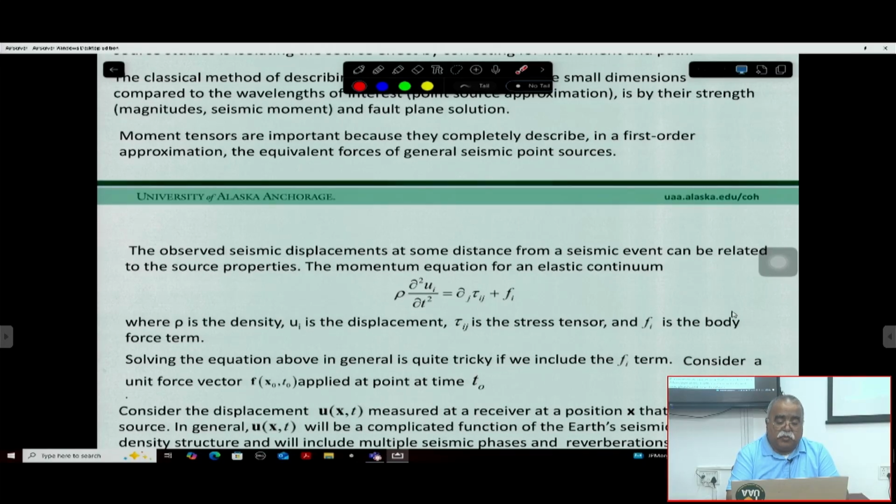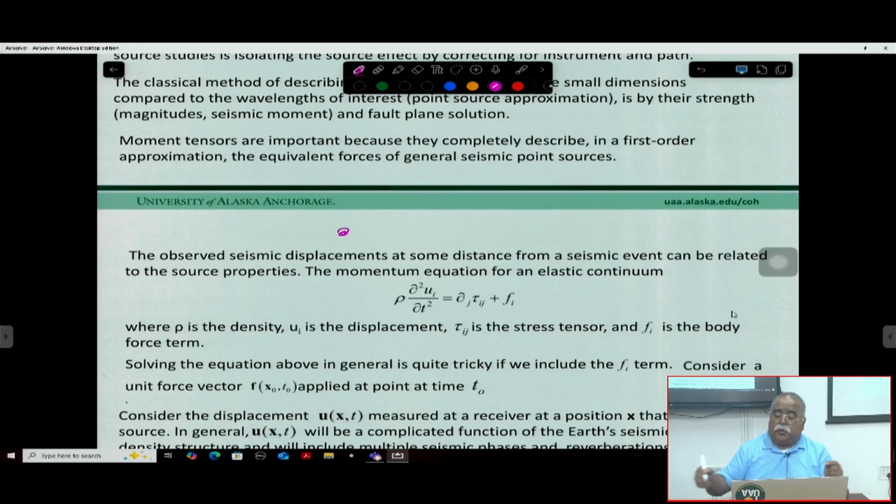If we assume that Ui is the displacement, and tau is the stress, that is the internal force in the continuum, which is the stress when it develops.